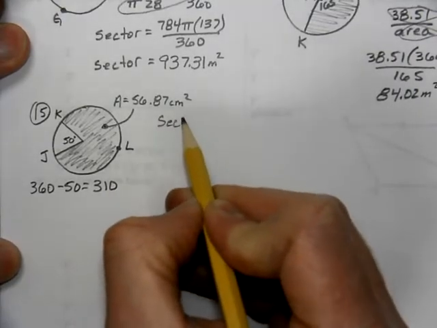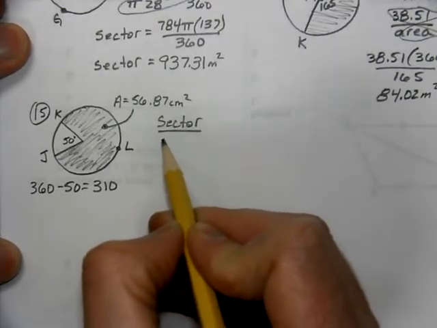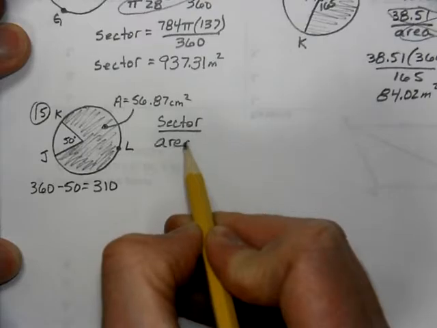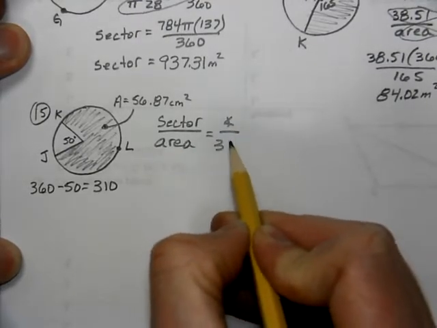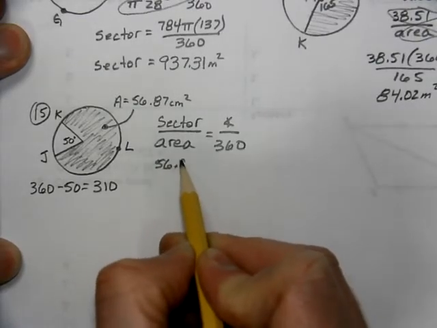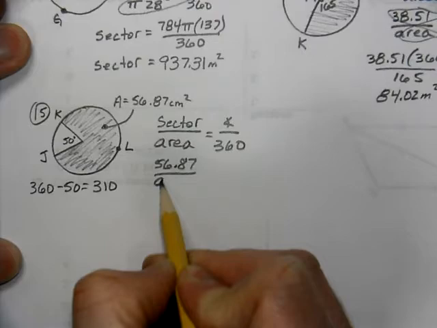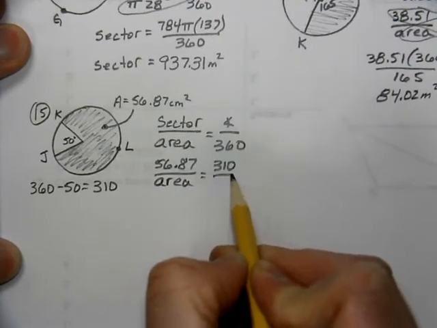So now we'll use our sector area formula, which is the sector over the area equals the angle over 360. Well, the sector is 5687. We're looking for the area of the circle. Our angle is 310.